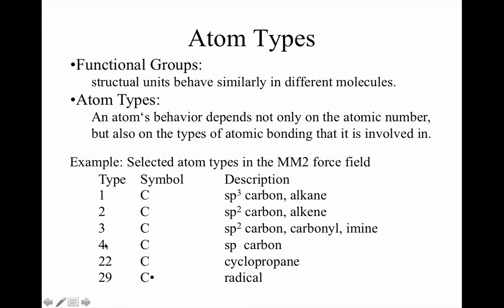We define a type 4 to be a carbon atom which is an sp carbon atom. And we now invoke the principle of transferability, meaning that every time we have a molecule where we meet an sp3 carbon atom sitting in an alkane, then we assign the same set of parameters to this carbon atom. We do the same every time we meet an sp carbon atom sitting in a molecule.